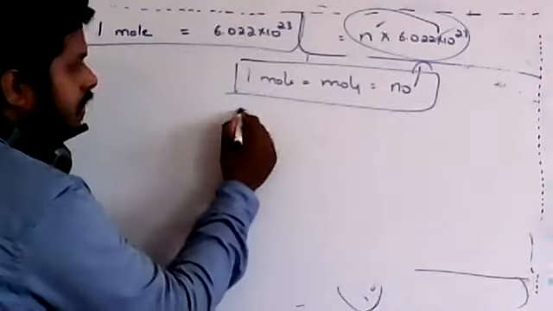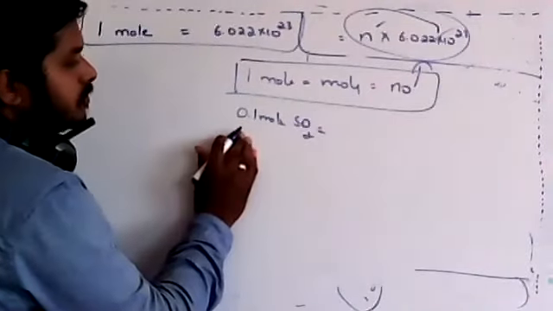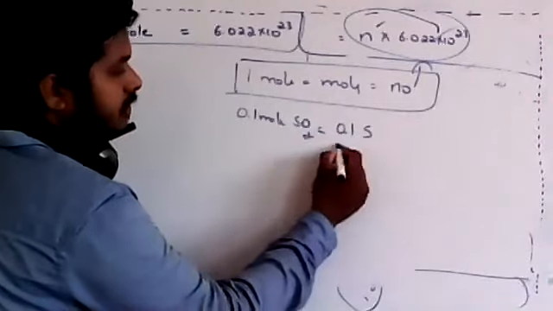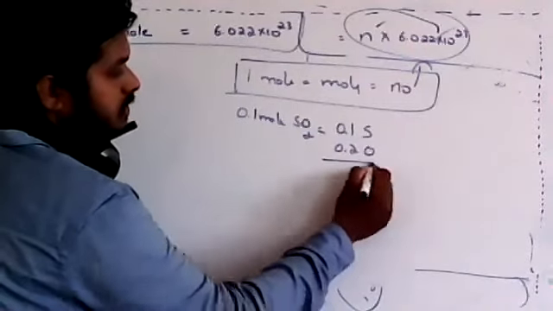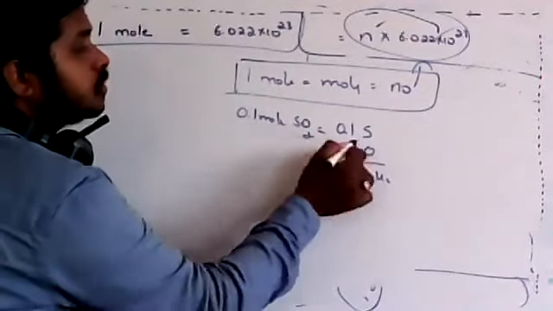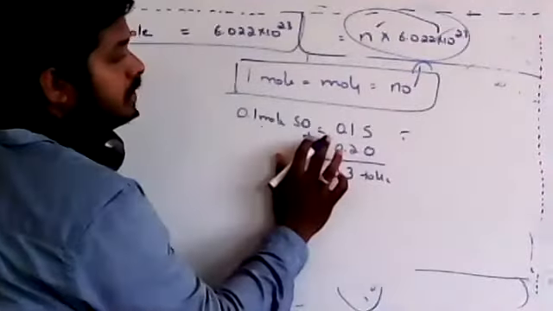For example, if 1 mole of SO2 was given, you have calculated that it was containing 1 mole of sulfur, 2 moles of oxygen, and 3 moles of total atoms. So this is what you call a mole to mole conversion. And also you have converted the given mole in terms of number.